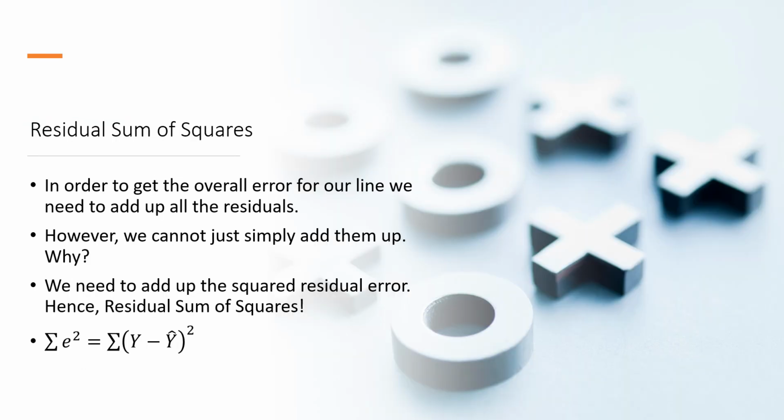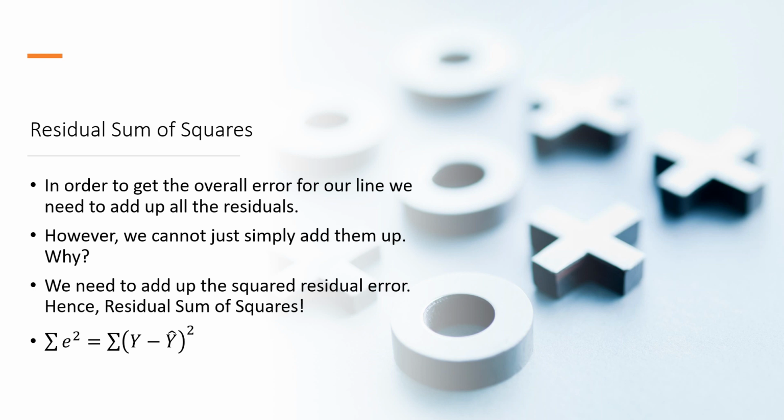So using these residuals, we can calculate what is called the residual sum of squares, and this is an overall measure of the amount of error we have when we add up all the differences between our individual data points and the data points predicted by our regression equation. So we need to add these all up. Unfortunately, because of the way regression works, we can't just add them all up.